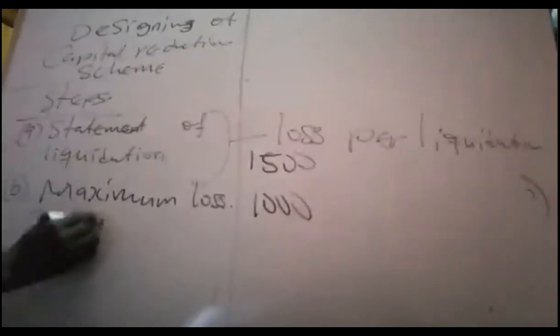Here, the maximum loss is the total loss that we have to sacrifice, clear, or cancel from the books, or claim before we can be whole, or before we can revitalize or revive our business. Our business is failing and we don't want to lose business. So what will be the total loss we have to claim from the books so that we can revive the position? That total loss is 1,000 Ghana.